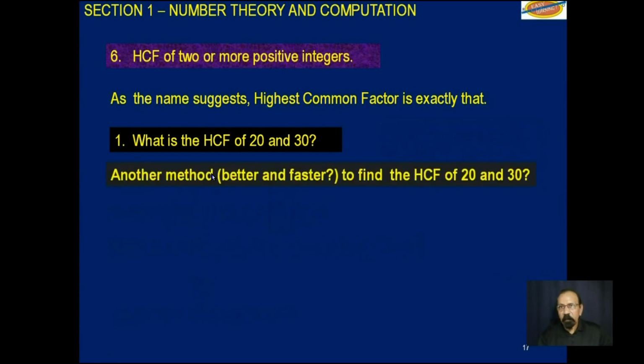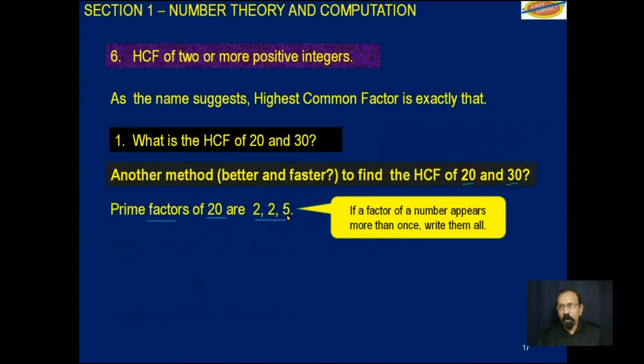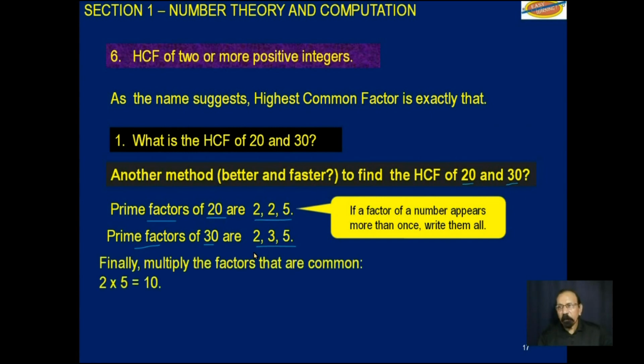Let's look at another method, which may be a little faster. What are the prime factors of 20? 2, 2, and 5. We write them all down. What are the prime factors of 30? 2, 3, and 5. Now, in this case, we will multiply the factors that are common. So you notice that 2 there and that 5 there.